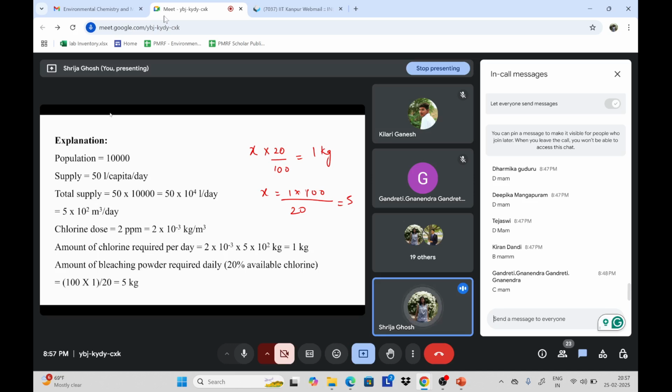So I'm getting no response. So either you have all understood or none of you have understood anything. So at least someone respond and tell me if there's any doubt. Okay, great.